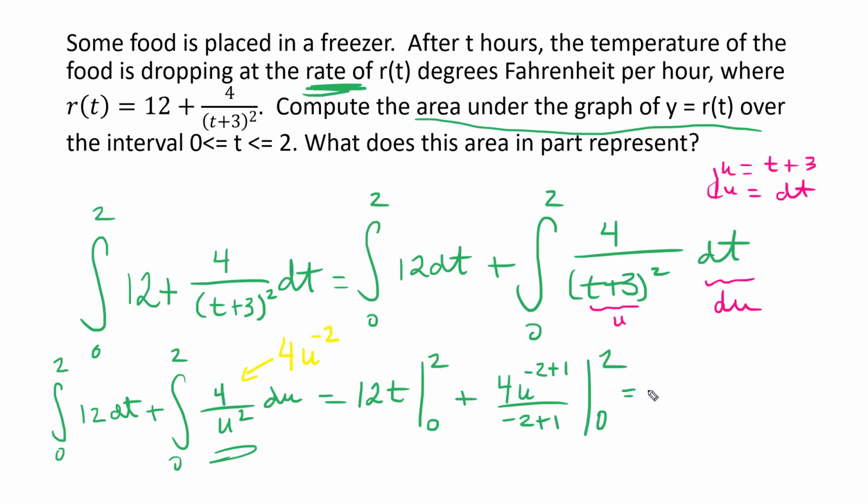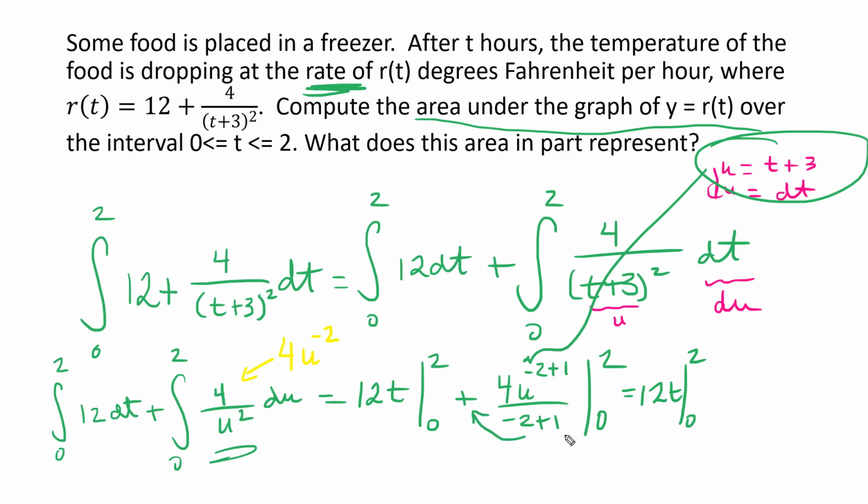So then all I have to do is 12t from 0 to 2, and be sure to plug my u back in. But what I'm going to do is take this negative 1, because negative 2 plus 1 is going to end up being a minus sign.